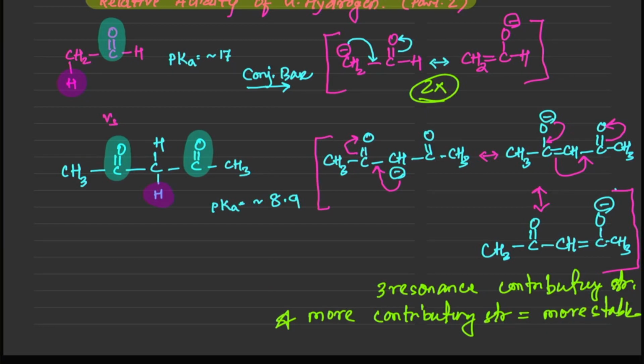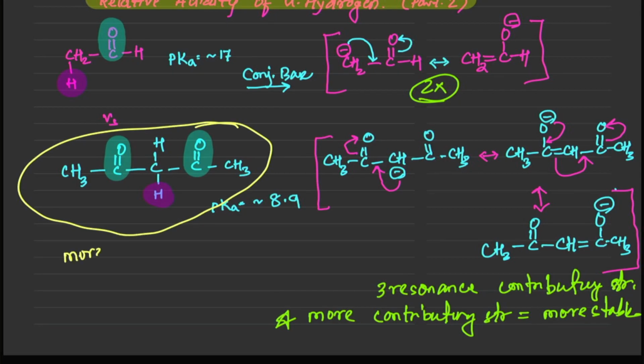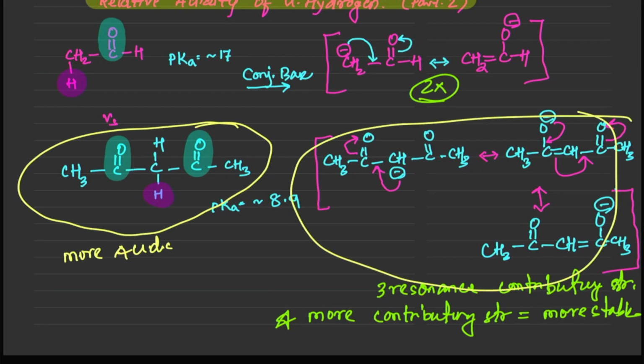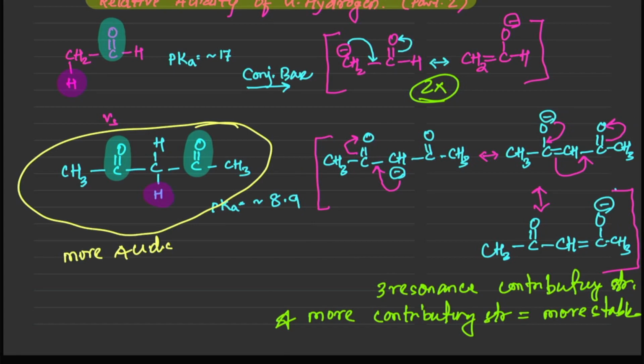And we know that the more stable a conjugate base is, the more acidic the corresponding hydrogen would be. So the compound that is going to be more acidic is this one. Why? Because we could draw three contributing structures here on the right side. Okay, so that was the explanation.